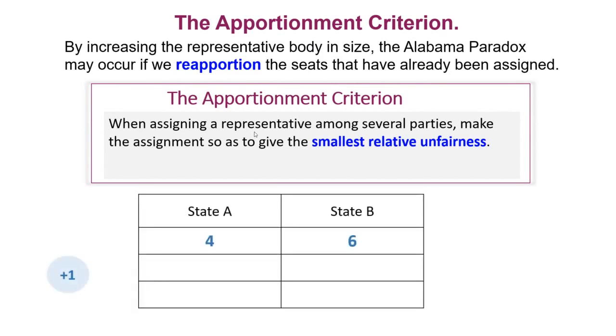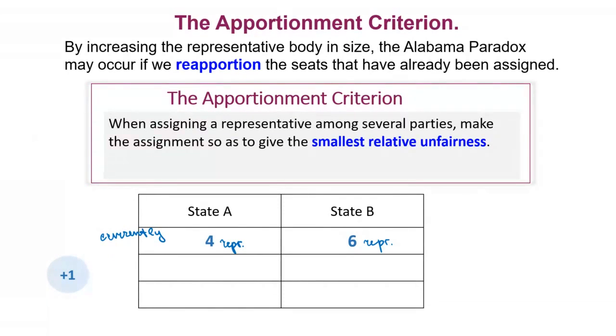Suppose that we have state A and state B, and they have the current number of representatives. Currently, state A has 4 representatives, and state B has 6 representatives. It is fixed.